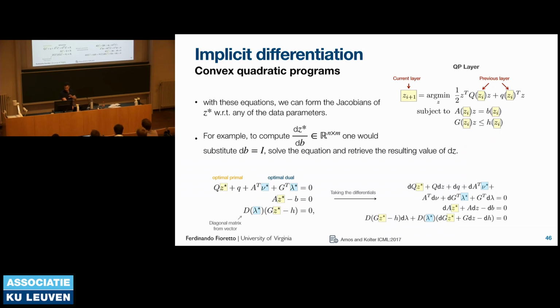And so this works. There is a package that you can use. I think there are integrations in other packages, and Amos has made this package relatively efficient and GPU enabled. So you can play around with such type of QP layers.